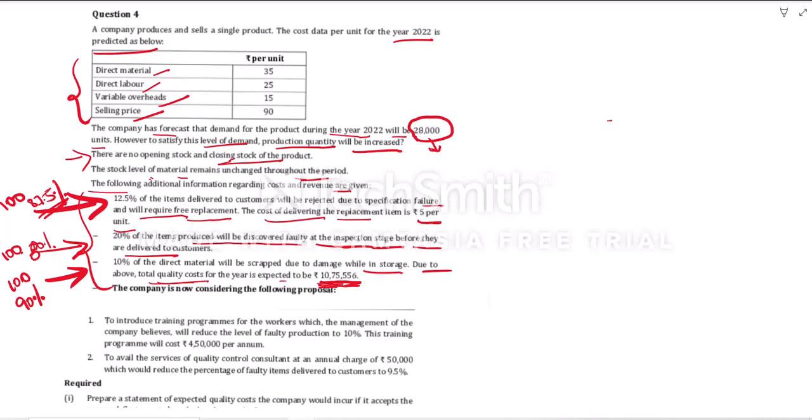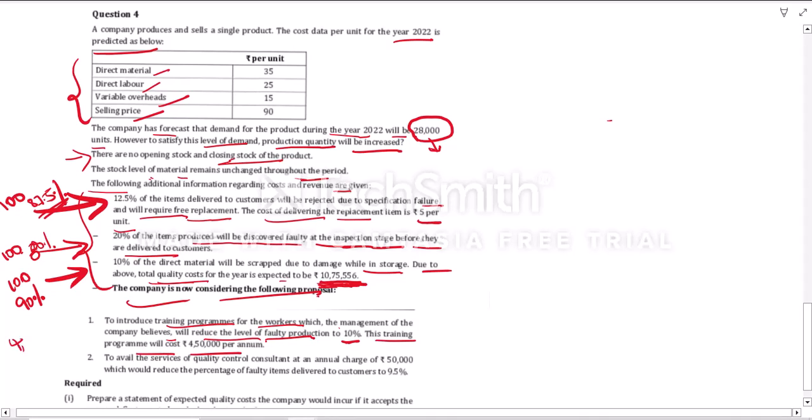What they are asking: the company is now considering the following proposal, as they were incurring a total quality cost of 10,75,556. They want to adopt a new policy to introduce training programs for all workers, which the management believes will reduce the level of faulty production to 10%. This training program will cost 4,50,000.